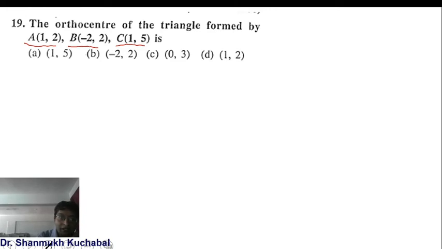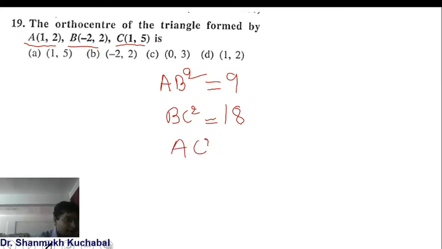Now using the distance formula, squaring both sides, we get AB square as 9, BC square as 18 and AC square as 9, and we observe that the greatest is BC.